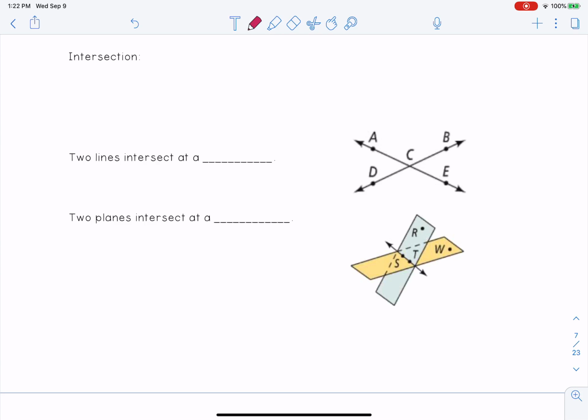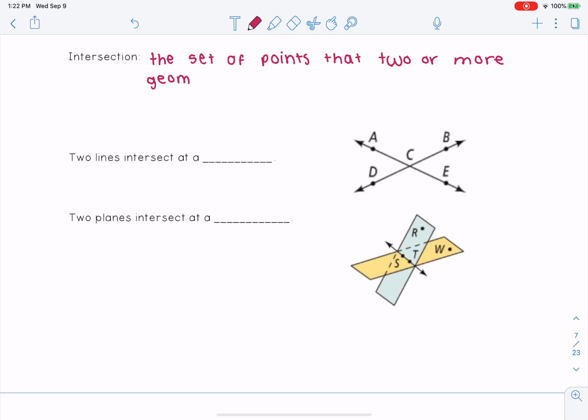Now, intersection. An intersection is the set of points that 2 or more geometric figures have in common.